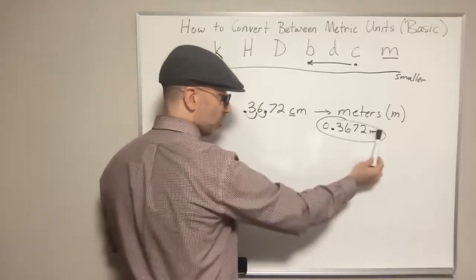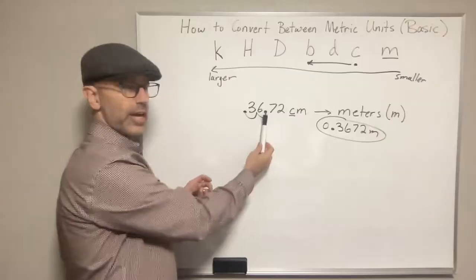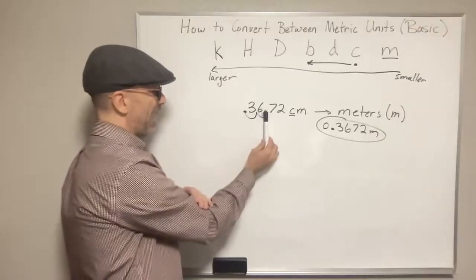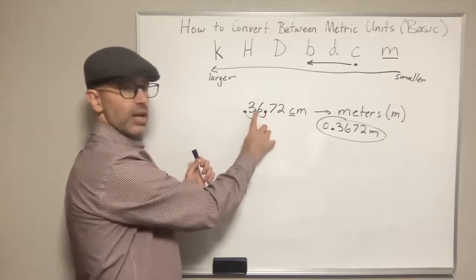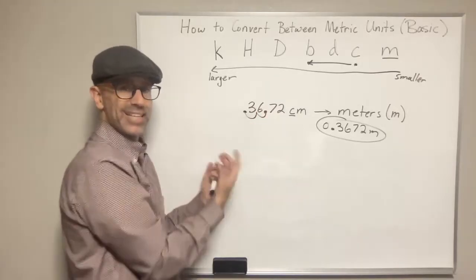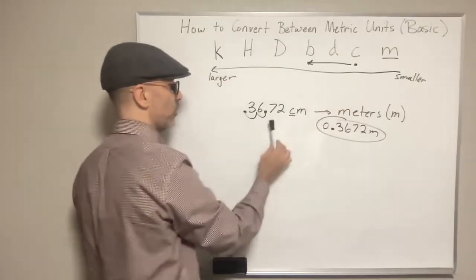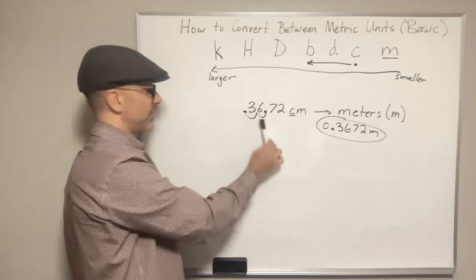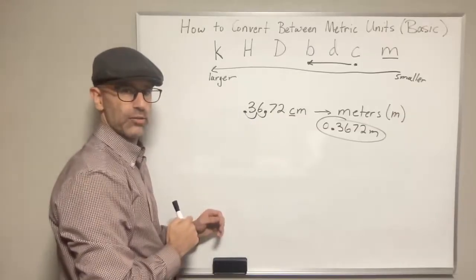How much smaller is this number? By a factor of 2/10. So notice that every time I move the decimal point, I'm decreasing the number by a factor of 10. It's like dividing by 10. So each time I move this way, I'm dividing my number by 10. So I divide by 10 once, I divide by 10 twice.